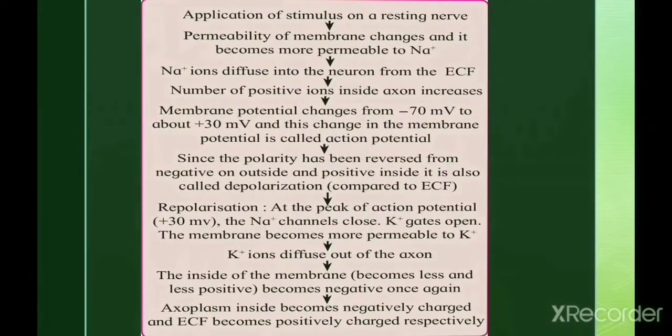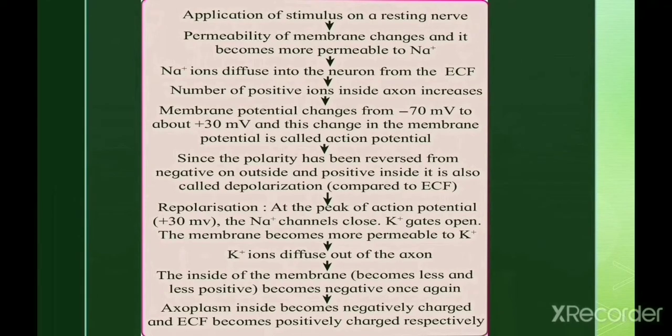So let's see the steps in generation and conduction of nerve impulse. You can see this flow chart. This shows the exact steps involved in generation and conduction of nerve impulse.